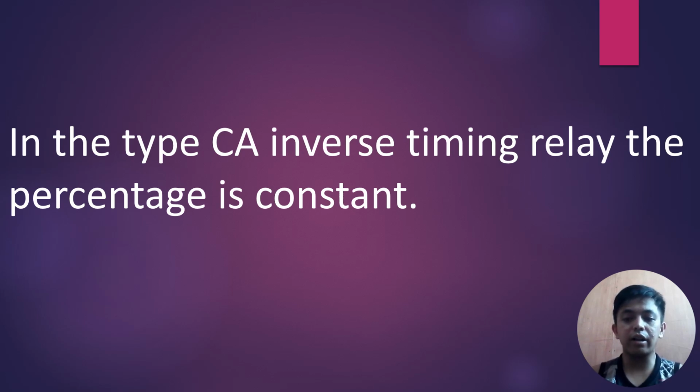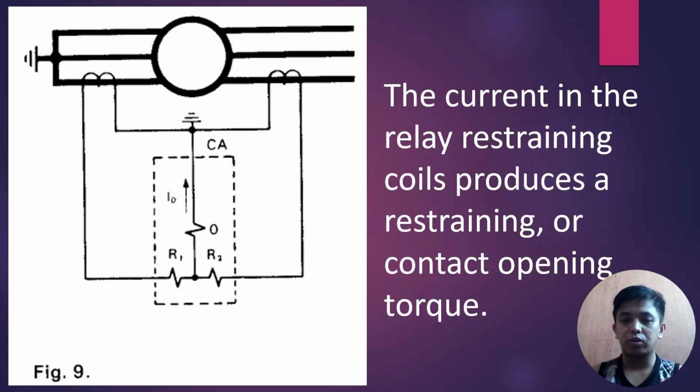For internal faults, if a fault happens inside the generator, the secondary currents become unbalanced, creating a differential current. This current overcomes the restraining torque, closing the relay contacts and isolating the fault. In the type CA inverse timing relay, the percentage is constant.